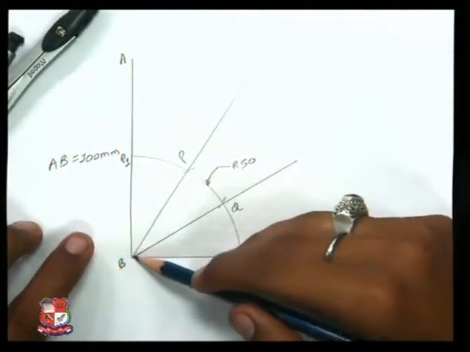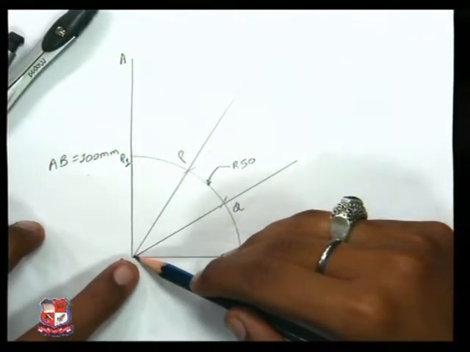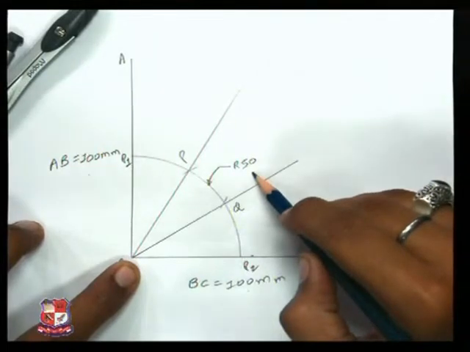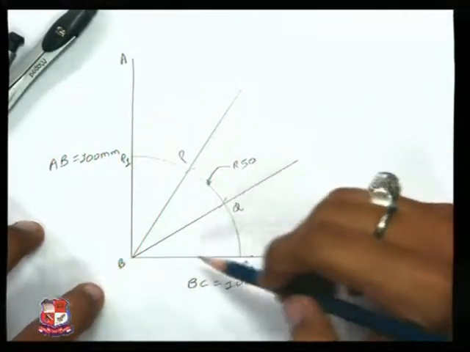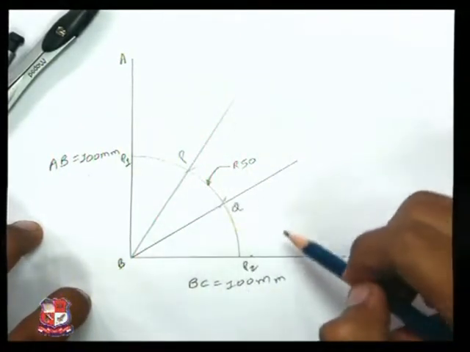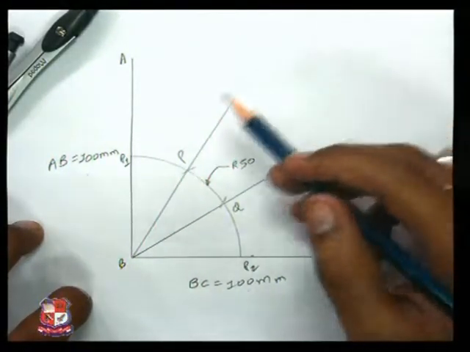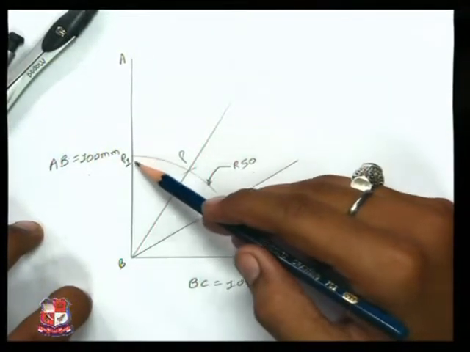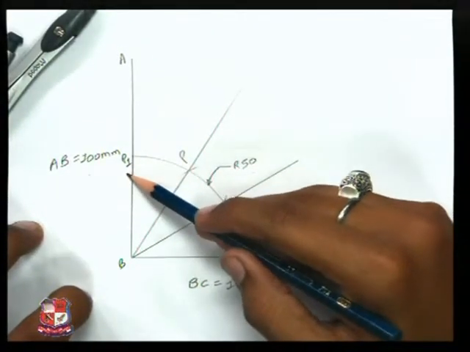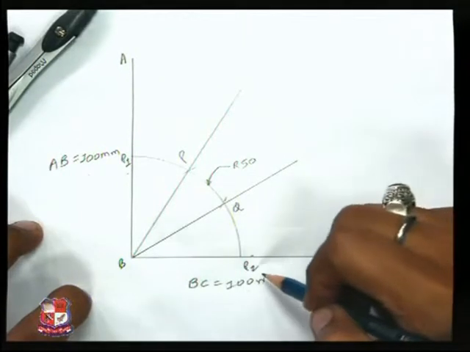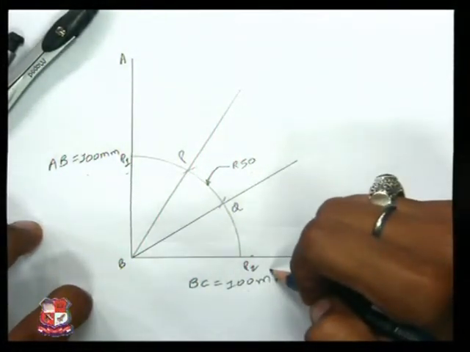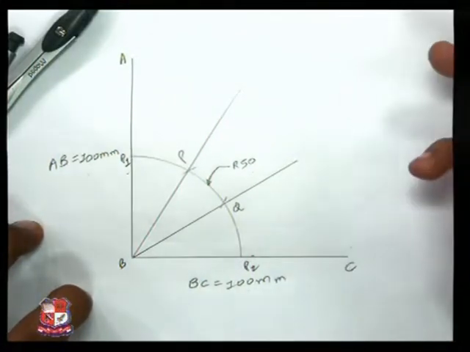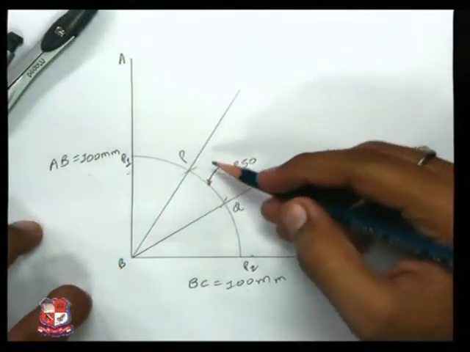Now taking point B as center and radius as 50 mm, I have drawn an arc between ABC. Where this arc intersects AB, I have given the point P1. Where the arc intersects BC, I have given P2. Very simple now.